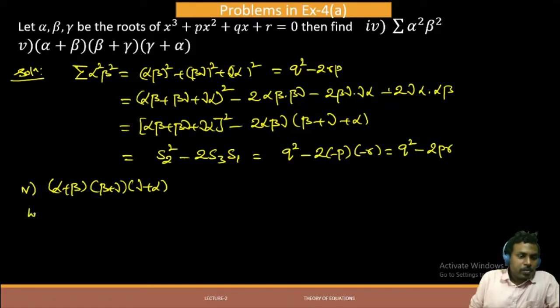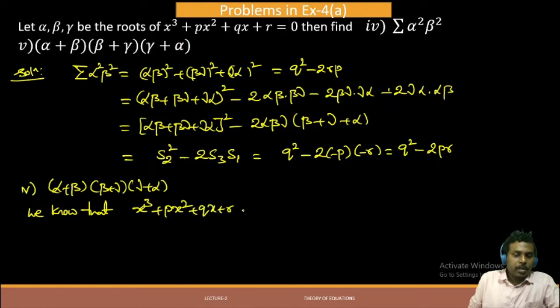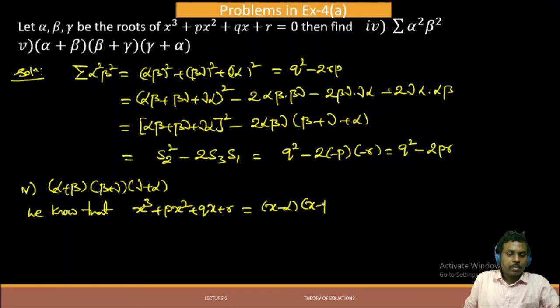So we know that this equation can be written as x cube plus px square plus qx plus r is equal to x minus alpha into x minus beta into x minus gamma.